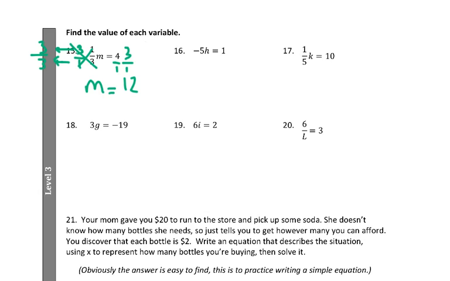Okay? So you may want to use that, especially over here in 17. Pick one of those methods that makes the most sense to you. I'll also remind you on this question, though I'm not going to solve it, if you type a division question, like you're going to end up typing 19 divided by 3 in your calculator, if you get a decimal, I do not want the decimal. That's not allowed.